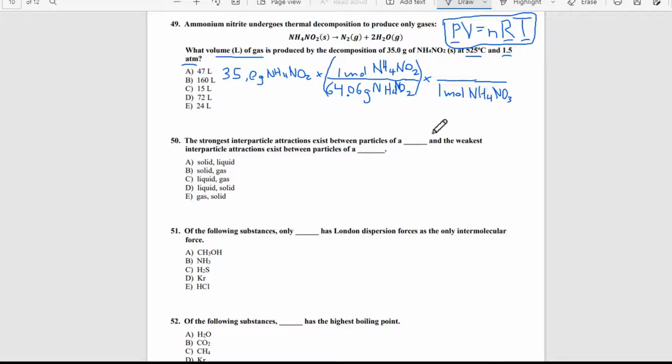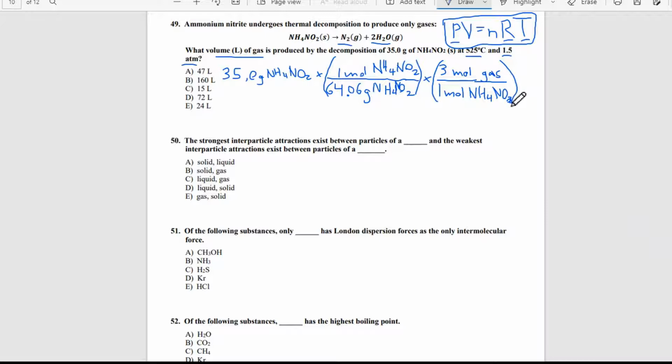Now you could do it the long way and repeat this calculation twice, calculate the moles of gaseous water and the moles of nitrogen, or you could just do it all together at once and say, okay, 1 mole of ammonium nitrite is going to give you 3 moles of gas, because there's 1 N2 and 2 H2Os.